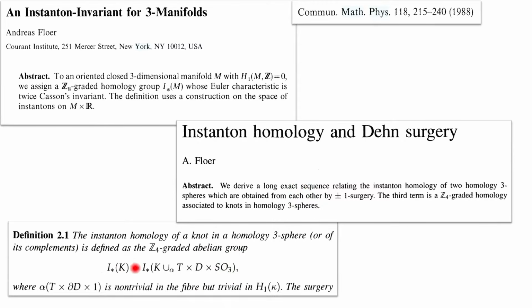This is its definition. If you have a knot in the homology sphere, then essentially the knot homology is the Floer homology of the zero surgery with a particular SO(3) bundle on it. But anyway, so Floer is already defining an interesting invariant of knots and a very interesting invariant of three-manifolds, as we saw.